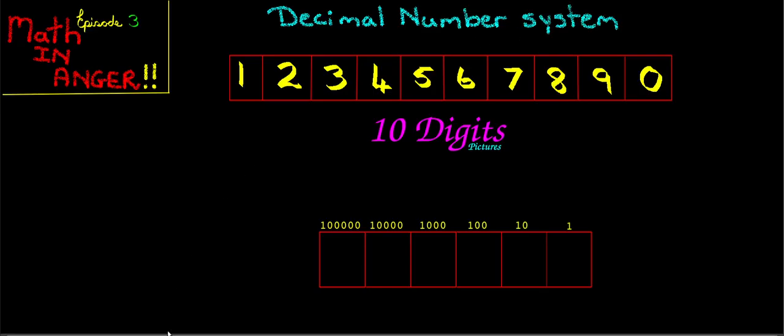Let's break it down. Let's take a look at what the word system means in this context. Well, here it means how we write something.